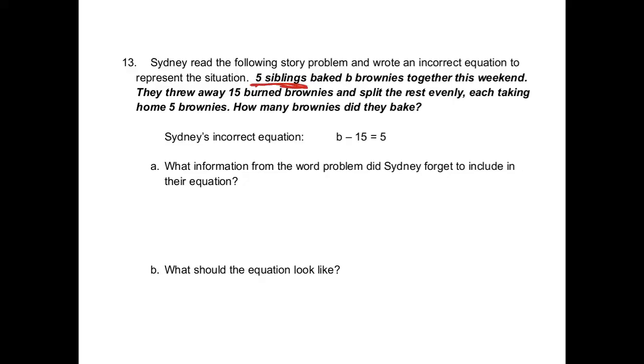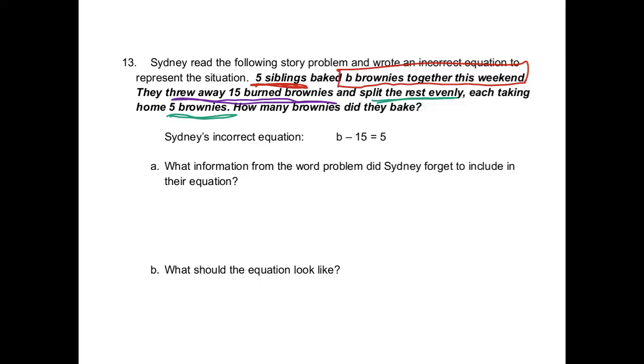Okay. 5 siblings. That means brothers and sisters, something like that. They baked B number of brownies together. They threw away 15 burned brownies, and they split the rest evenly, each taking 5 brownies. How many brownies did they bake?